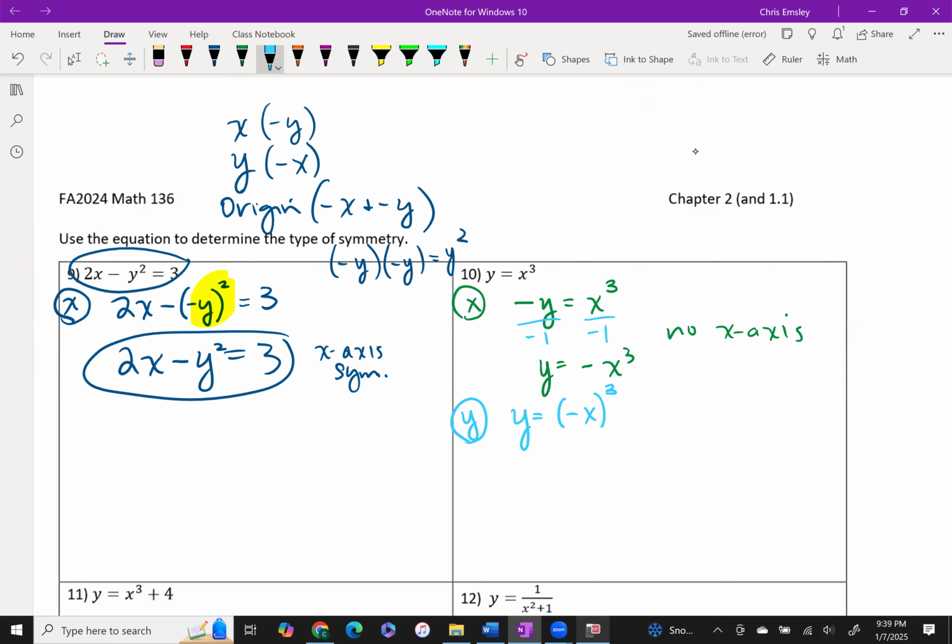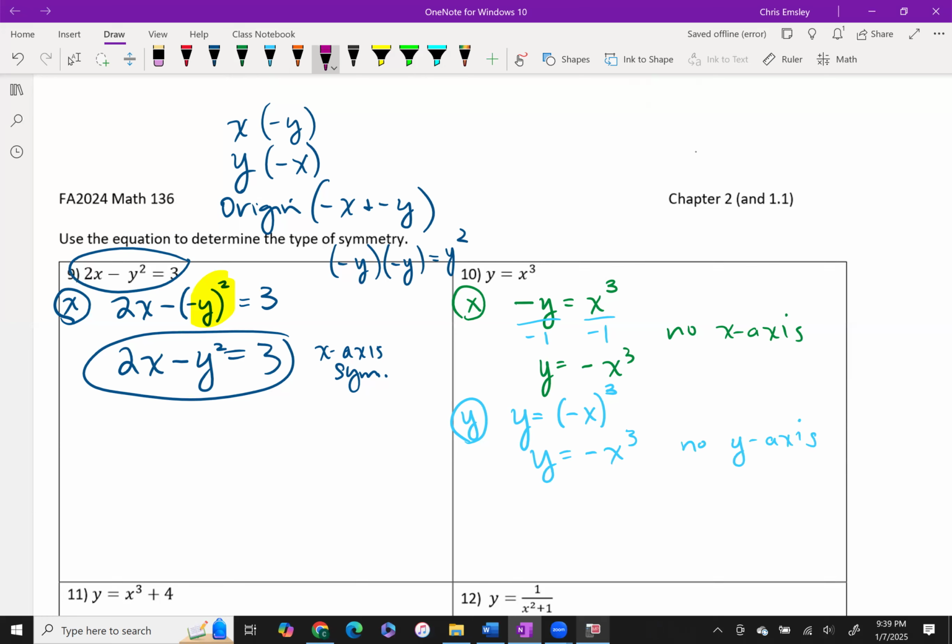Because negative 1 times negative 1 times negative 1 is still negative 1, okay? So we cannot get rid of that negative sign. What we can do if we wanted to is we can write this as negative x cubed. That is equivalent for odd exponents. The negative stays, whether we have parentheses or not. This is not the same as what we started with, so this one has no y-axis symmetry.